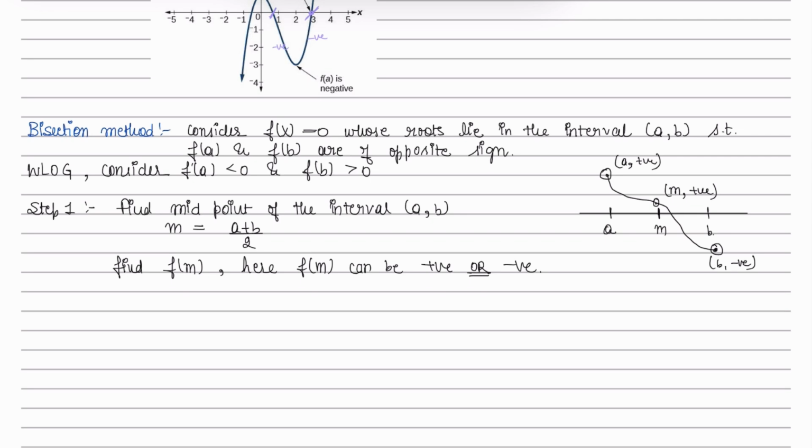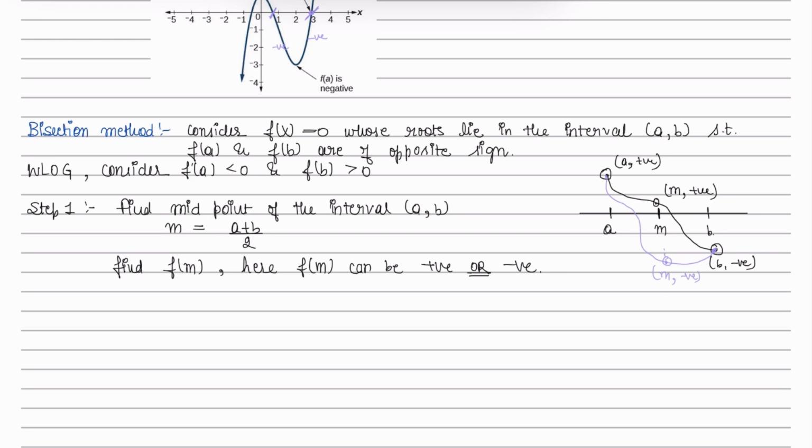Now, the intermediate value property holds between m and b. But if we take the graph the other way around, say the graph is like this, so at that point my function here is negative.